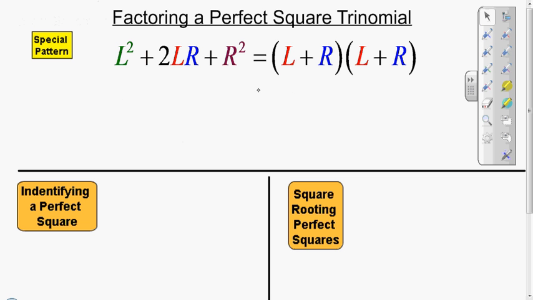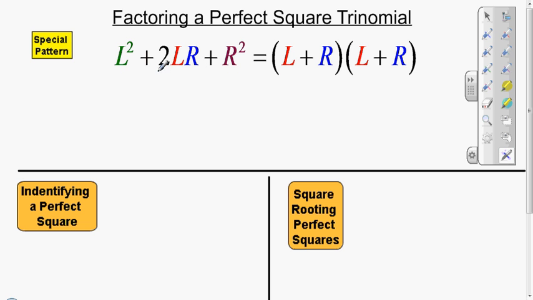Let's first start by exploring this model, this special pattern that I referred to. We have here a perfect square trinomial, and they all have this particular structure. The first term is a perfect square. The last term is a perfect square. Now the middle term is a little bit of a curveball.